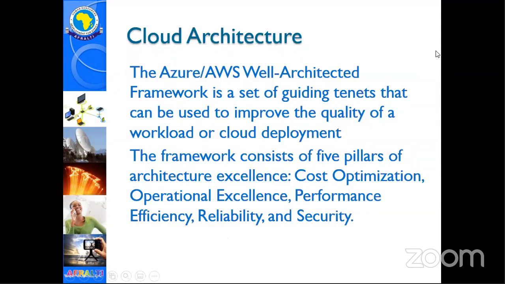The other thing worth mentioning briefly is that I've been mentioning throughout the whole session that organizations need to ensure that their cloud architecture is well architected. Both Microsoft and Amazon have what are known as well architected frameworks, and these frameworks basically have 5 pillars.